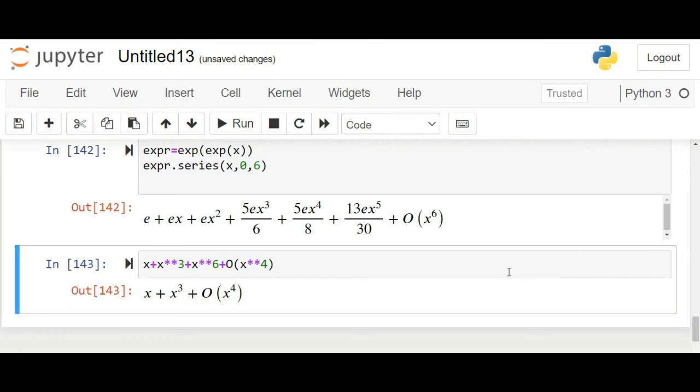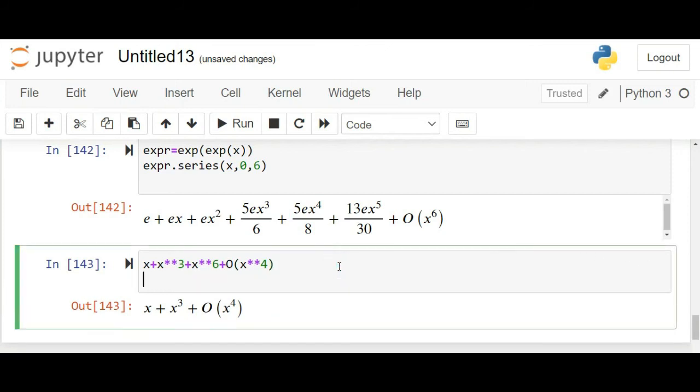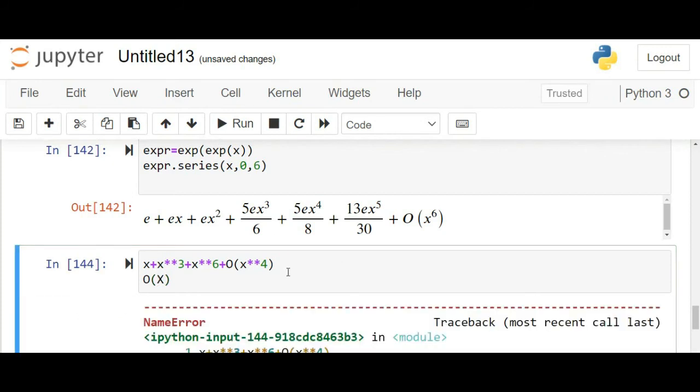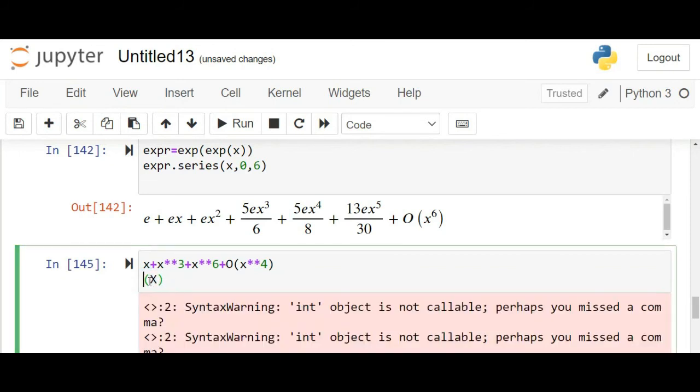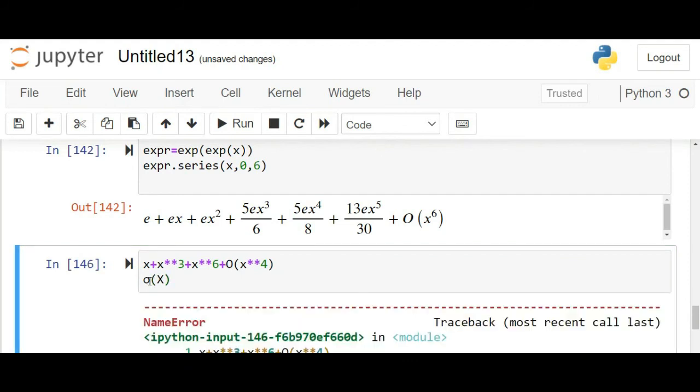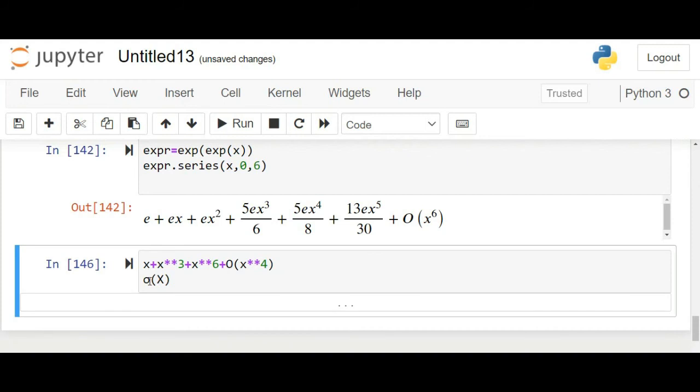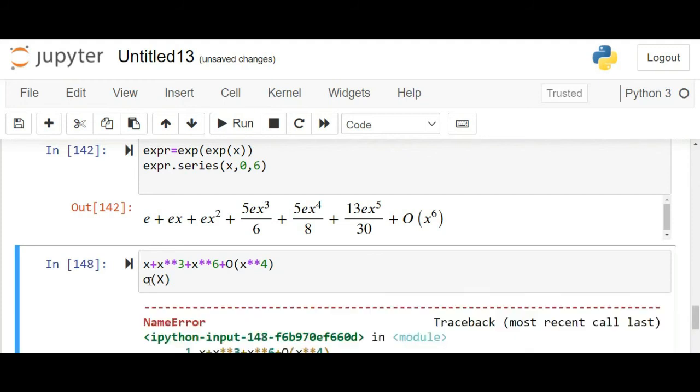And if I write again order of x, O is not working, write O, in this case yes.